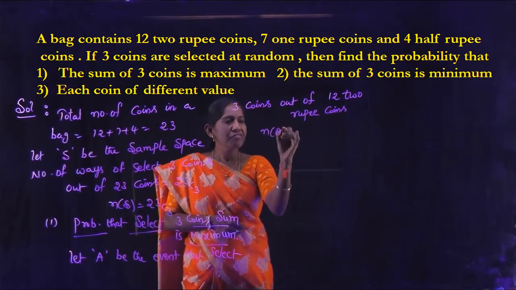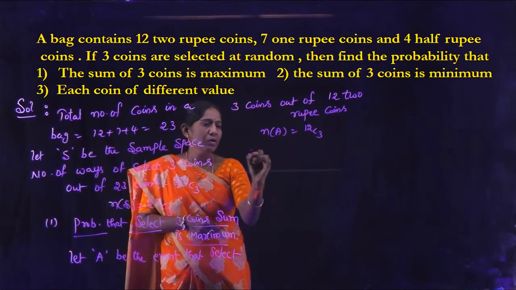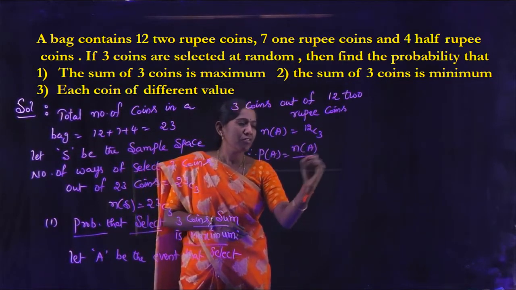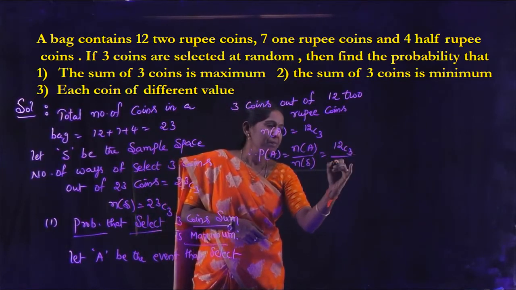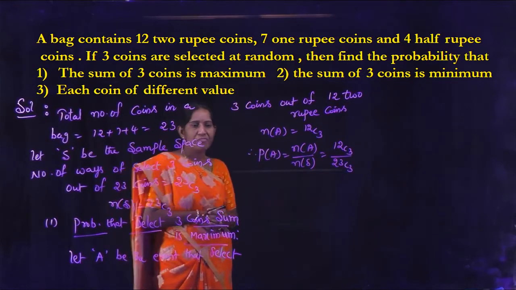Therefore, n of A equals 12C3. Then P of A is n of A by n of S, so it is 12C3 by 23C3. That is the value of P of A.